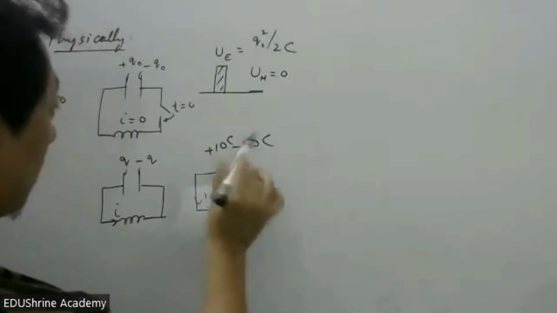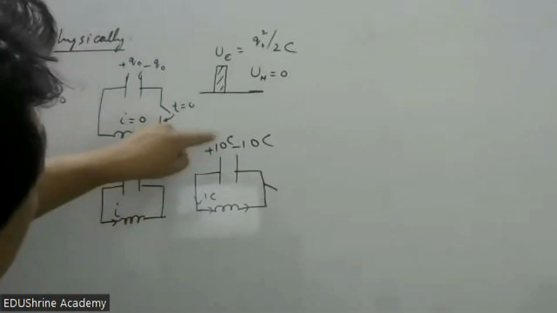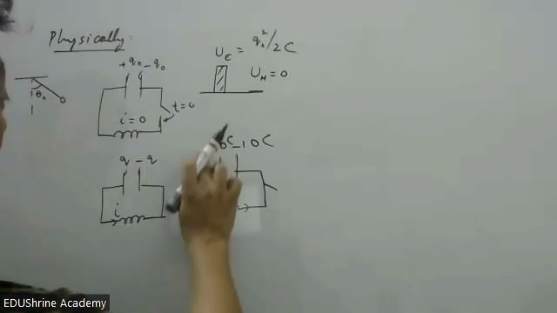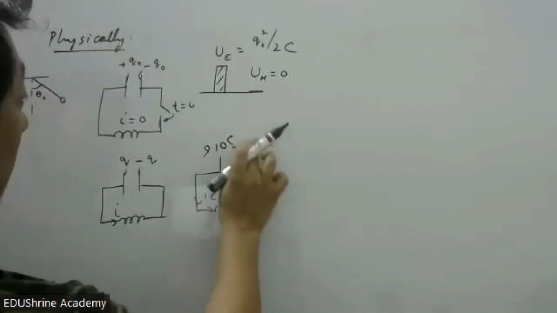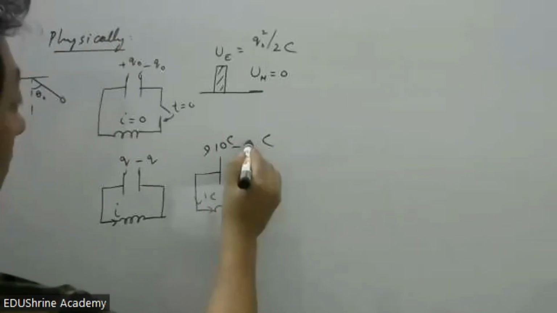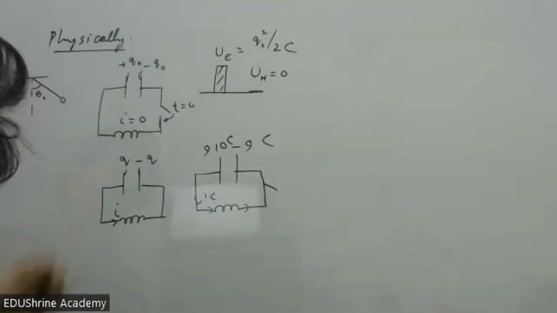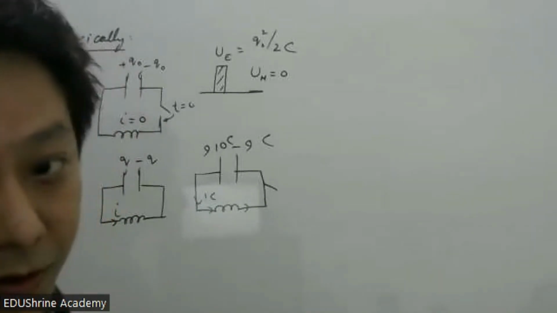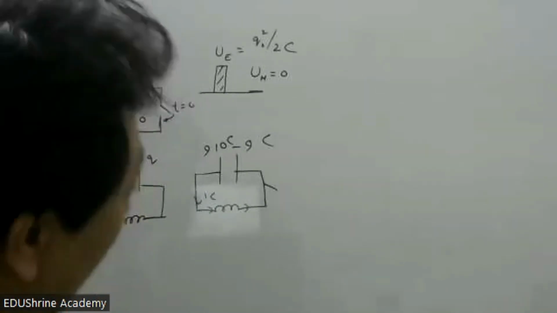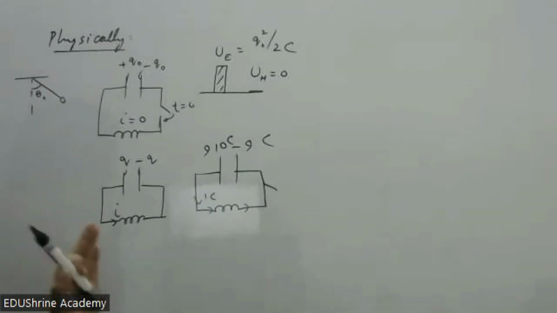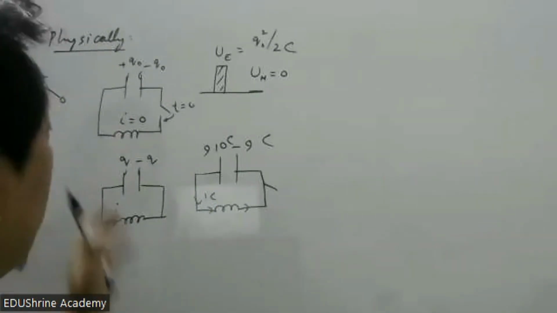When 1 coulomb goes here, this will become how much, Munaza? From 10 coulomb, if 1 coulomb goes like this? 9 coulomb. And this will become 11. Minus 9. Increased or decreased? Decreased. There is no source, no battery anywhere. So the charge has to decrease. Clear, no? Yes, sir. Any doubt, you ask me. What made you feel like it will increase?